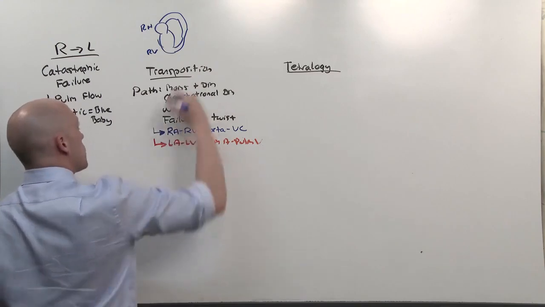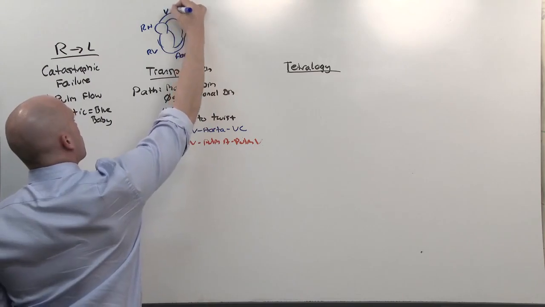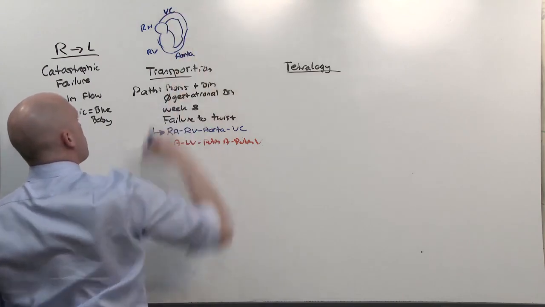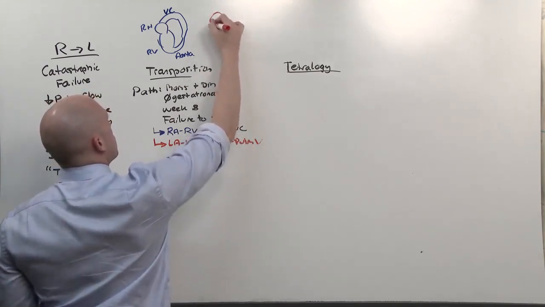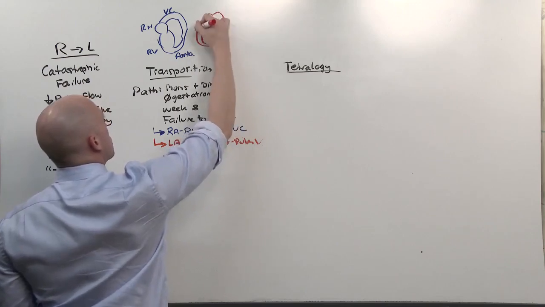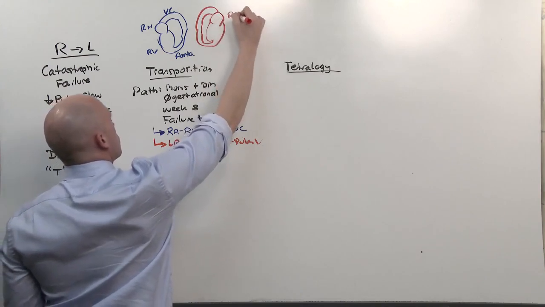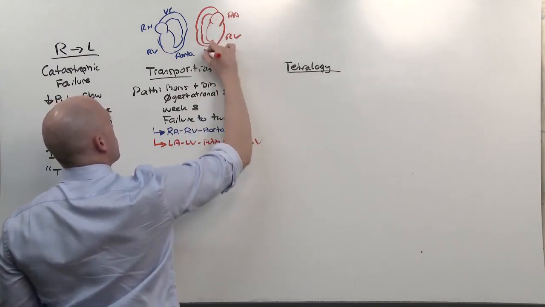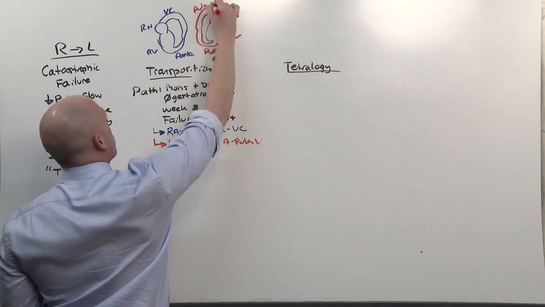If they fail to twist, this is the aorta with return to the vena cava. On the other side, we're going to have the atrium connected to a ventricle. That ventricle is going to be connected to an artery that then returns blood via vein back to the atrium. Atrium, ventricle, pulmonary artery, pulmonary vein.